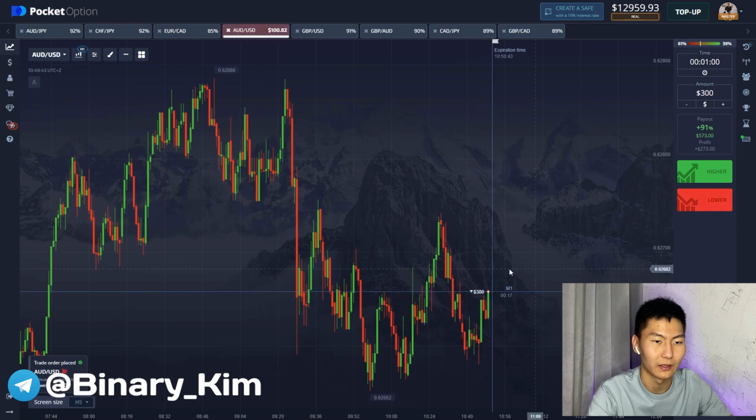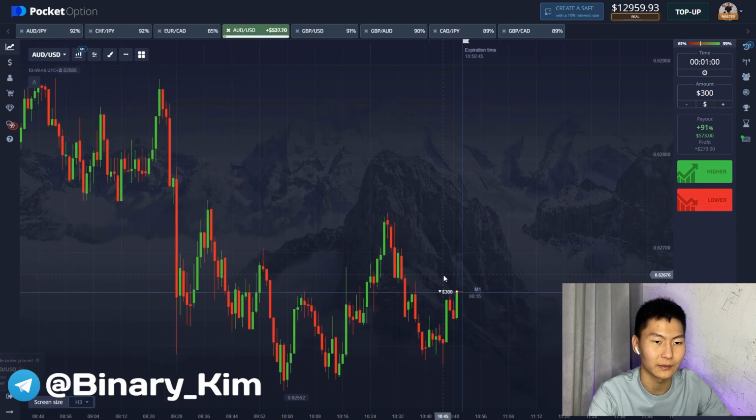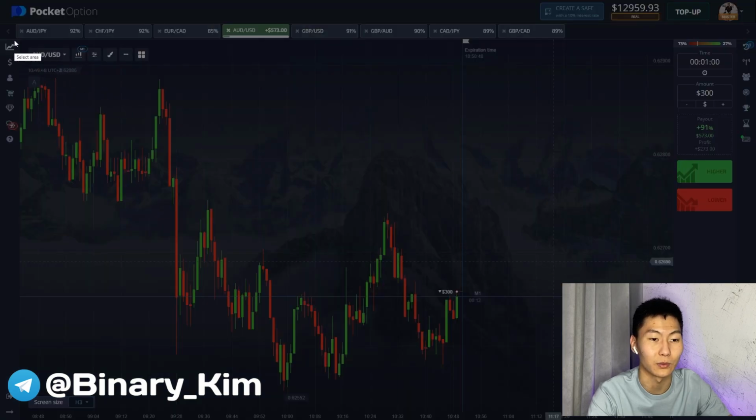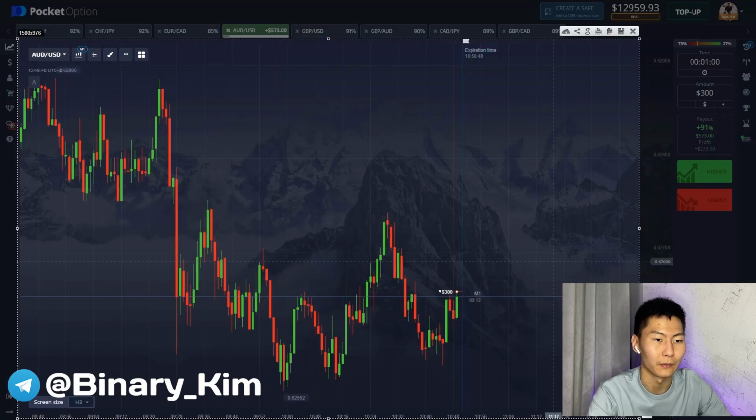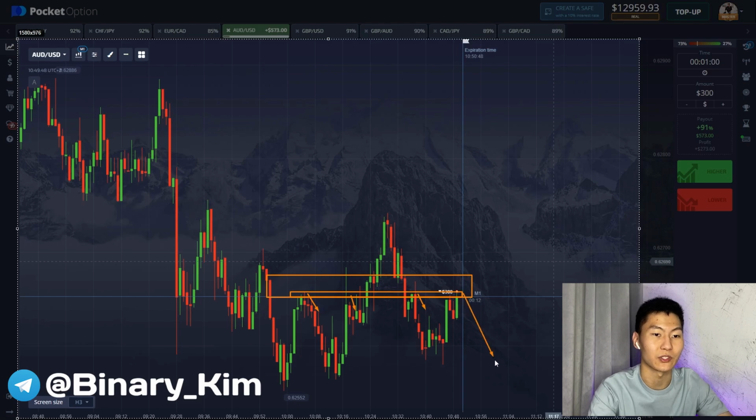So let's open a short here. I think this is a good one. We are playing out this resistance zone. The touch has happened here, and actually let's be more precise. The price was rejected all the time, and then it's starting going down, and now it's not gonna be an exception.